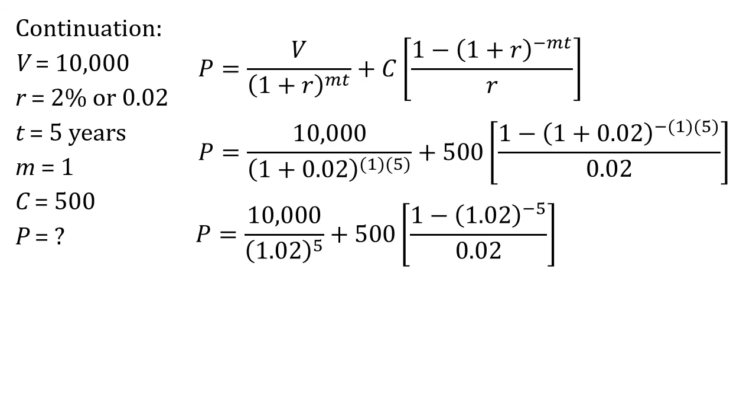So this will give you this. For the first part, 10,000 over 1.02 raised to the 5th power will give you 9,057.3081. Then for the second part, 500 times [1 minus 1.02 raised to negative 5] over 0.02, that's 2,356.729754.